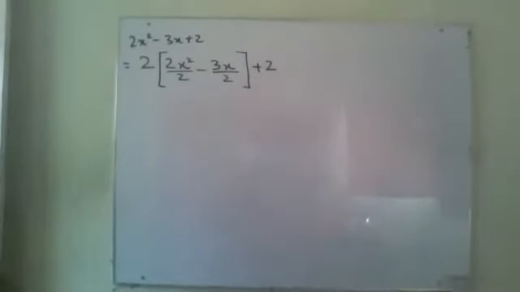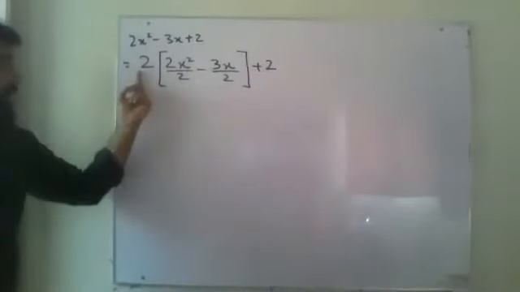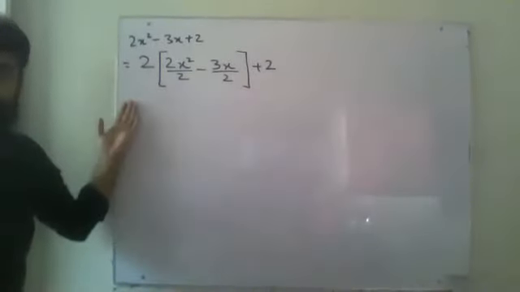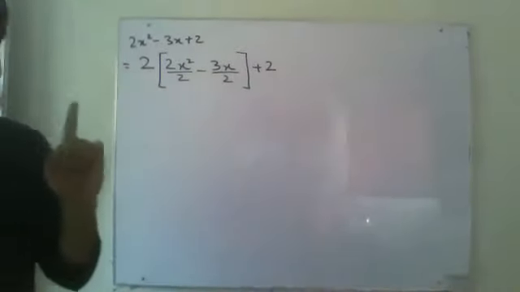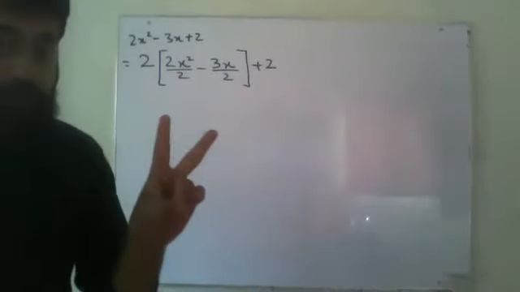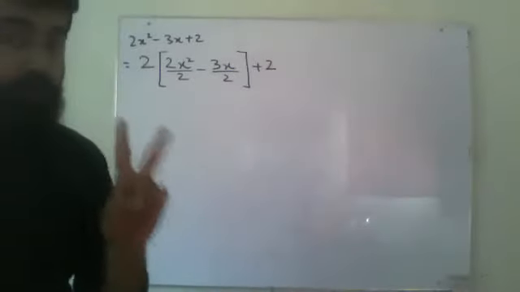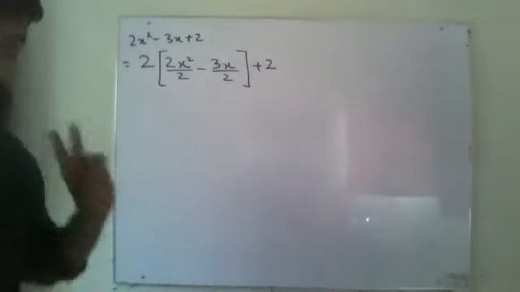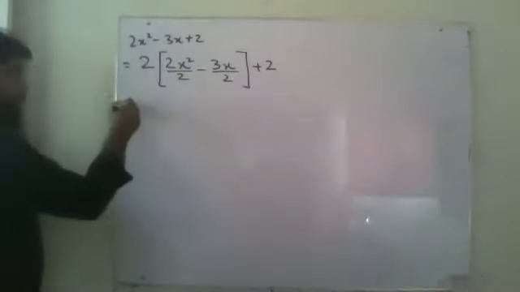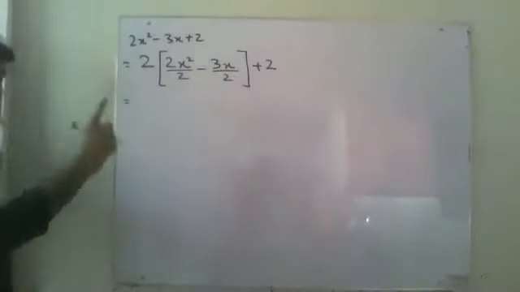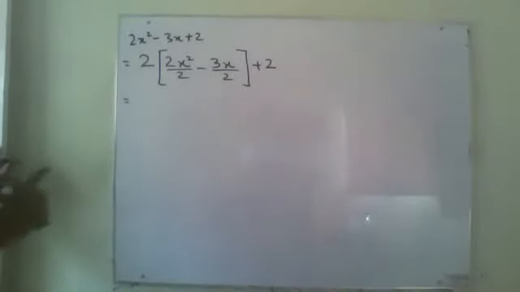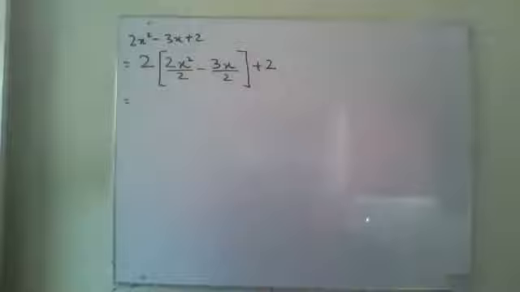Now, I have taken 2 common from my x terms and written it this way. That was my step number 1. Now, step number 2, the most important and maybe the most complicated one. This step I have shown only for your understanding; in regular work, I will not be doing this again and again.